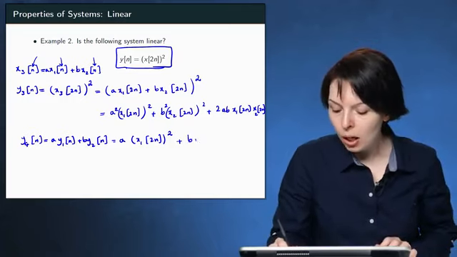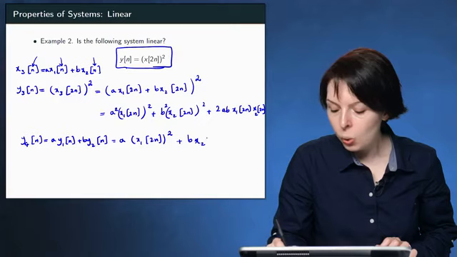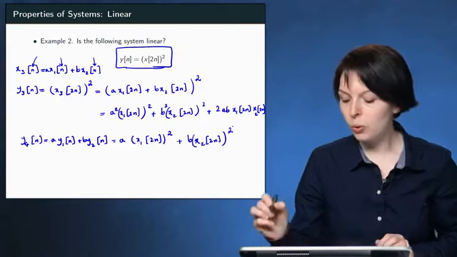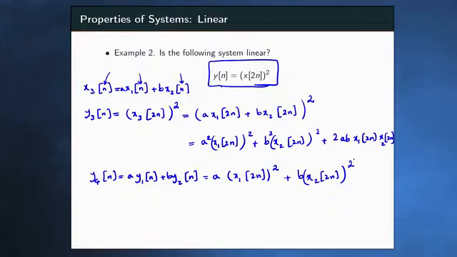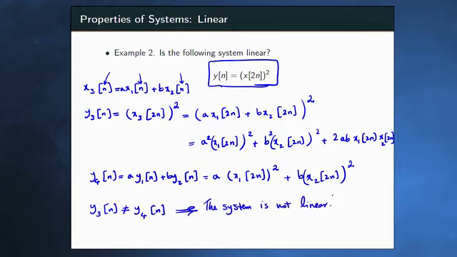Now plus b times x2 of 2n to the power of 2. And you can see that y3 of n is not equal to y4 of n. And as a result, the system is not linear.